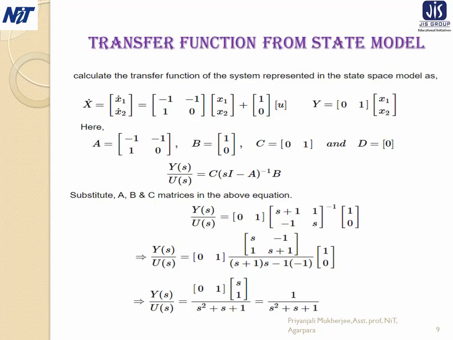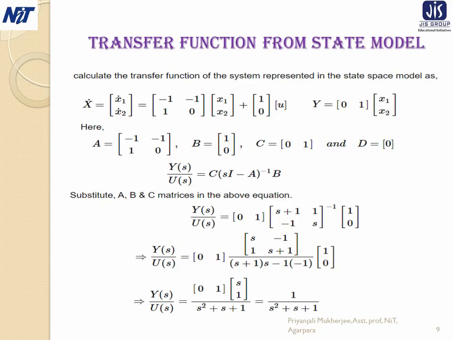Then we will multiply this B with this matrix, and then it will be multiplied with this C matrix. We will remember that in matrix multiplication, B into C is not equal to C into B. So the transfer function Y(s)/U(s) can be obtained as 1 divided by s² + s + 1. This s² + s + 1 has been obtained from the determinant of (sI − A), and this is the characteristic equation of the given state model.